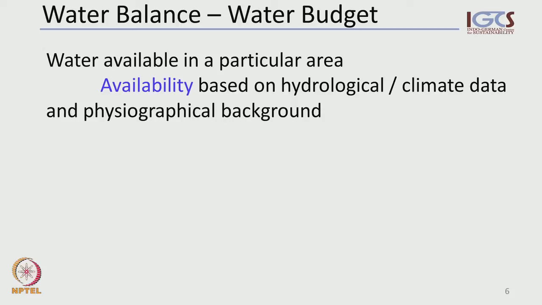We will be talking about water availability in our next lecture, where we will use a slightly different definition. When we talk about water availability in our water budget, that is merely based on hydrological and climate data and physiographical background of our catchment.